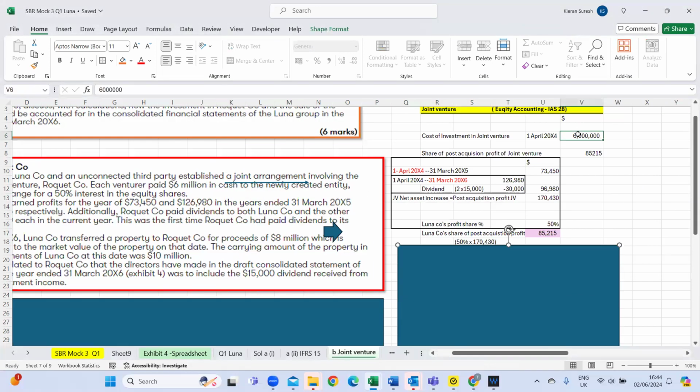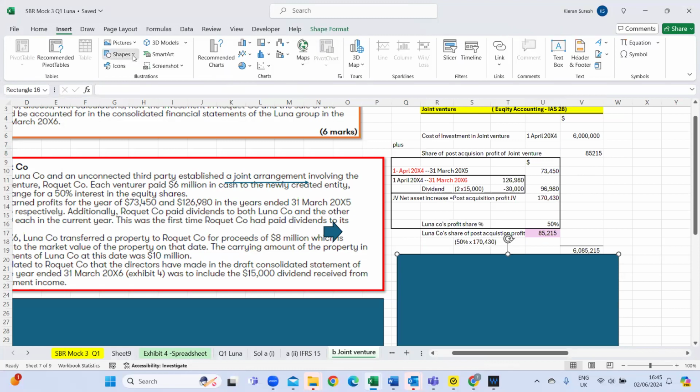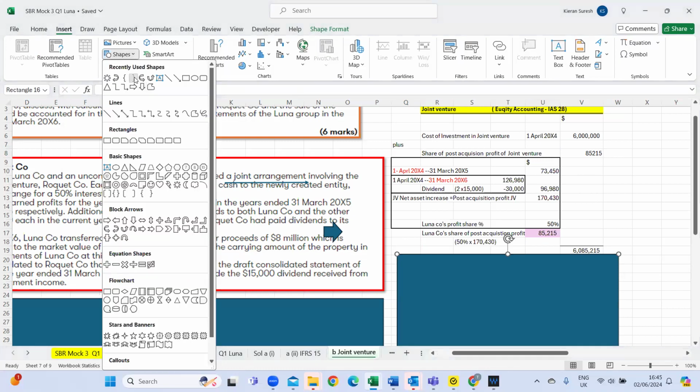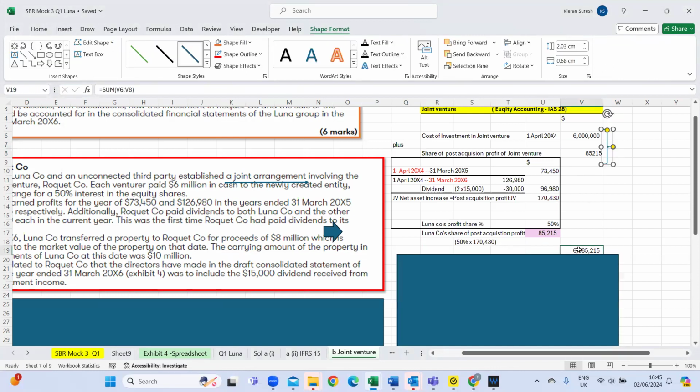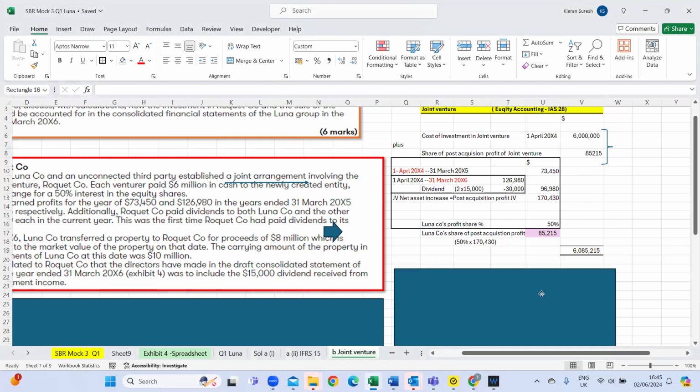This was our investment, and then with that investment we would add the post-acquisition profit that we had, exactly the same way we do investment in associates. So the post-acquisition profit was this 85,215. So you add these two figures now, the investment you made in the joint venture plus the share of the post-acquisition profit, you get 6,855.